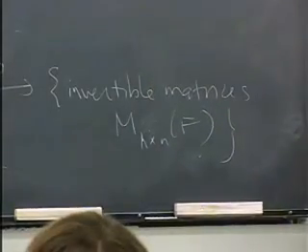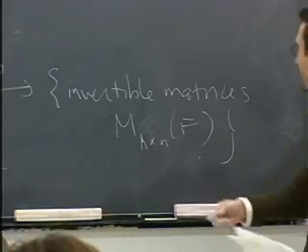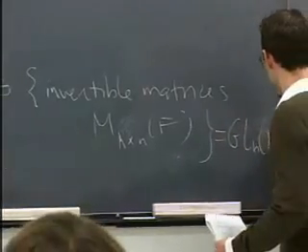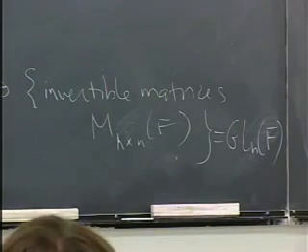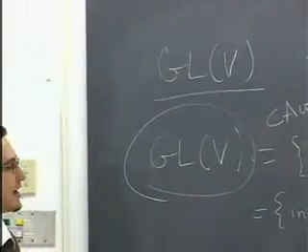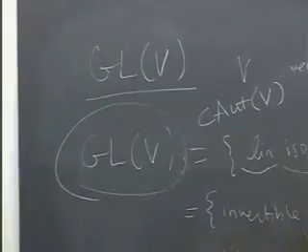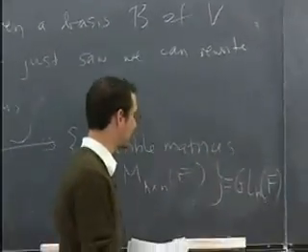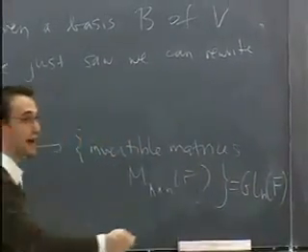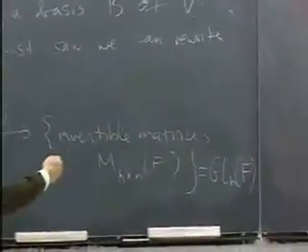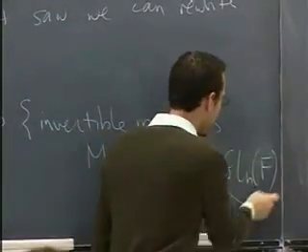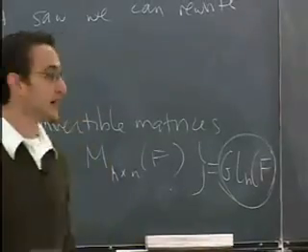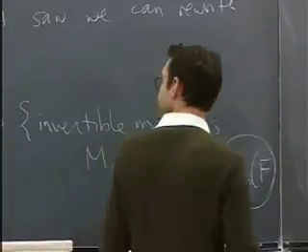What is the set of invertible matrices? GLNF. So the idea is that we have this abstract thing, GLV, but when we need to work with it, it's much more convenient to work with matrices because you can actually do calculation with matrices. And given a choice of basis, you can easily do this. You have an induced isomorphism with GLNF. And so it now becomes very easy to do whatever you want.